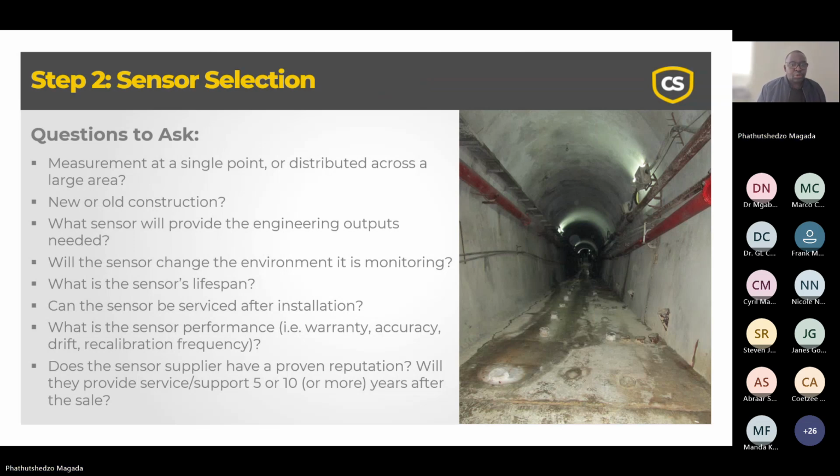So when it comes to sensor selection, we need to make the right decision. For example, measurement at a single point or distributed across a large area.